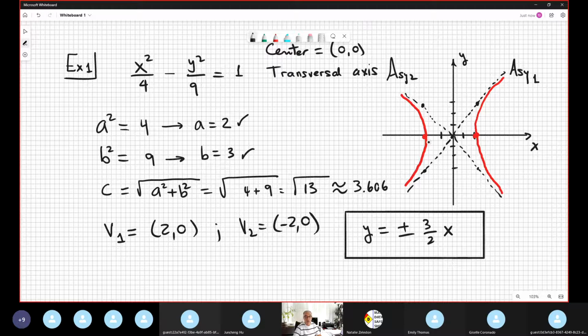And what about the foci? The focus is at that distance. Here, approximately, this distance is 3.606. So this point is 3.606,0, and this point is negative 3.606,0.